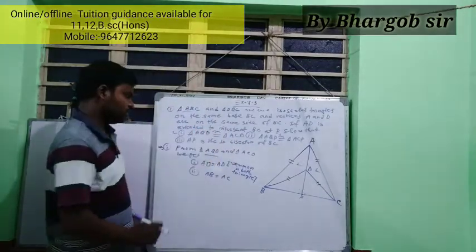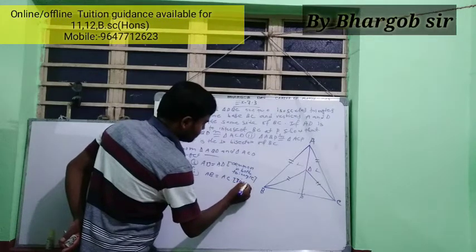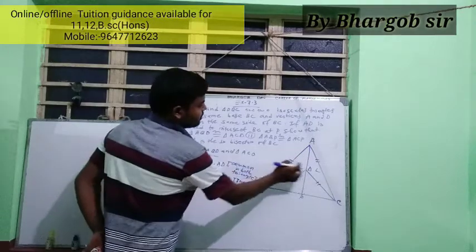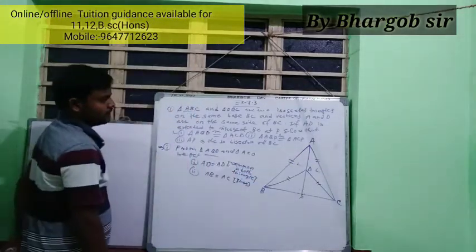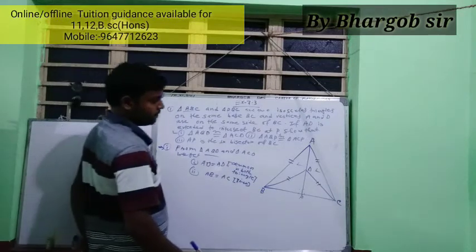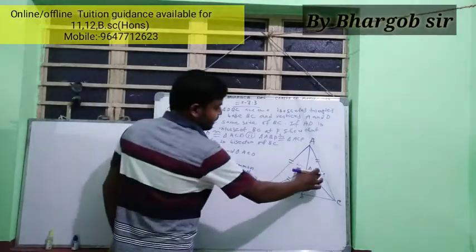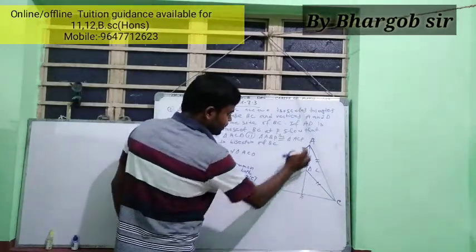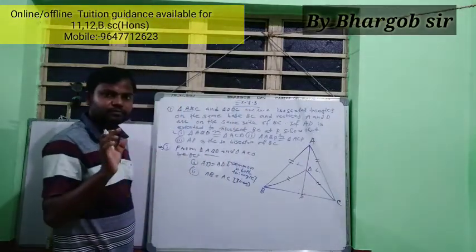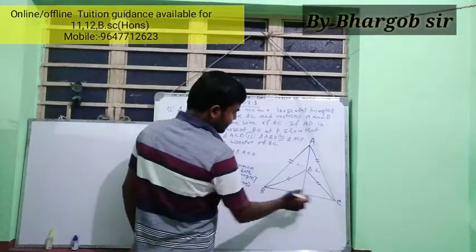It is given, and this side is common. These two sides are equal. It is good. And notice here, the big triangle ABC and DBC are isosceles.